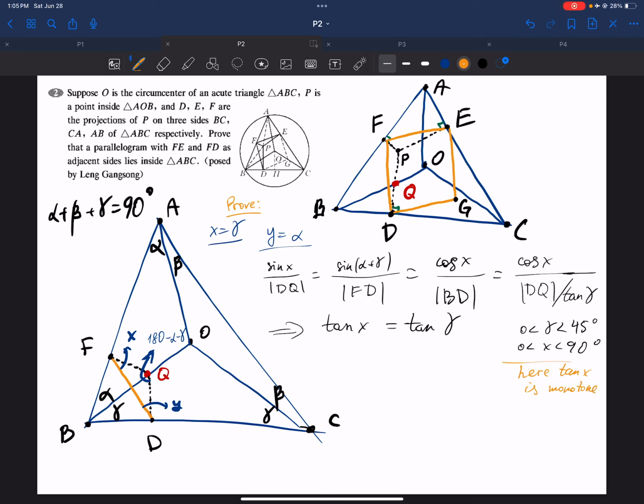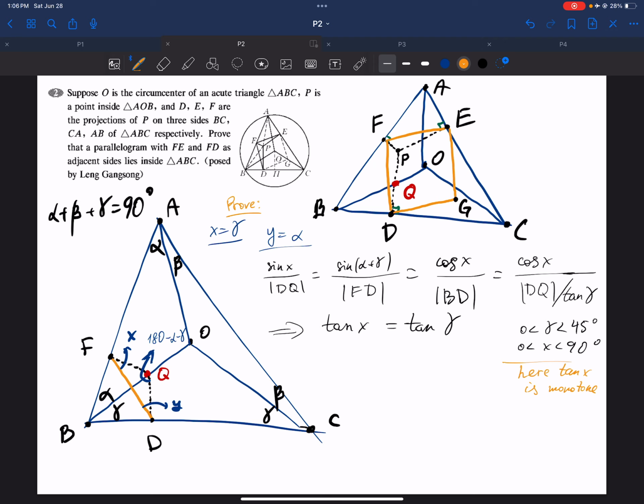It means that it increases as you increase the argument of your function. One second.